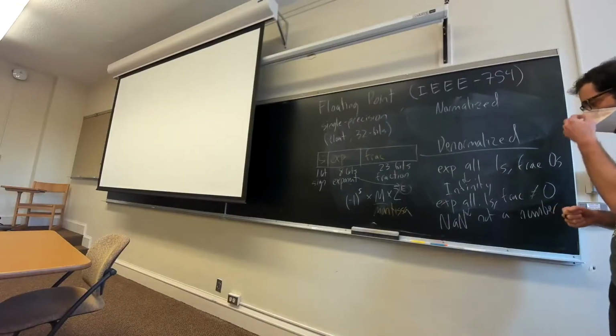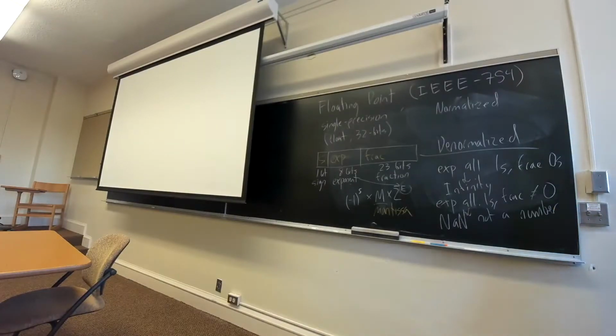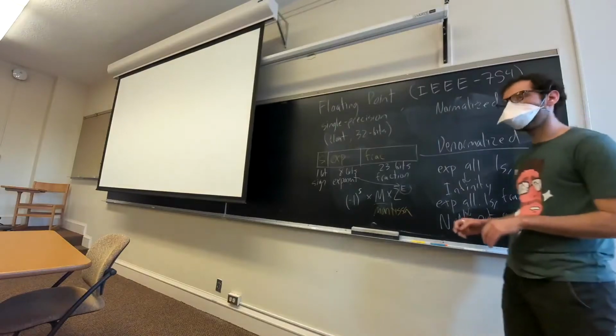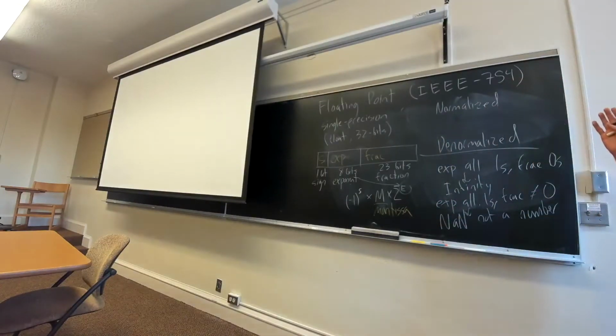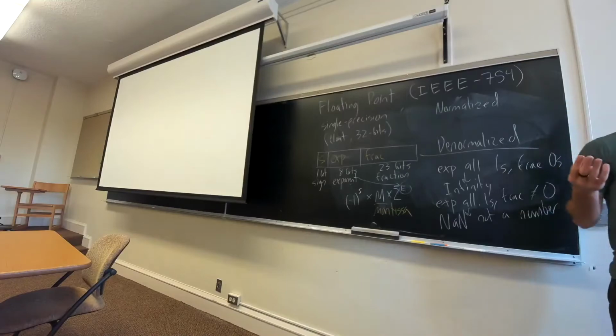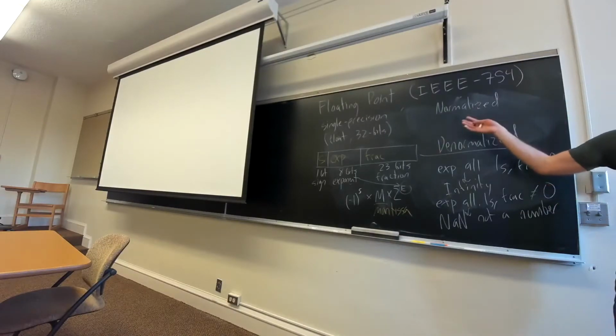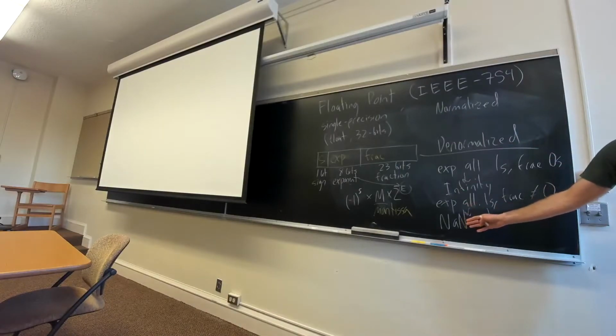This is to represent quantities that don't exist in this IEEE format, which might include the square root of a negative number, which isn't a real number and can't be represented, and so it would show up as not a number, potentially.